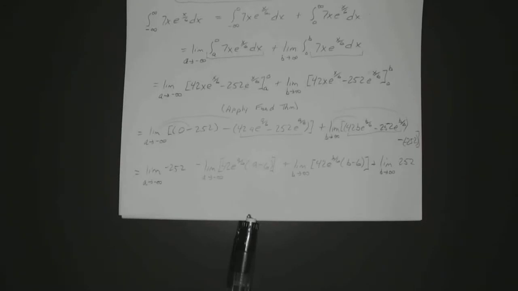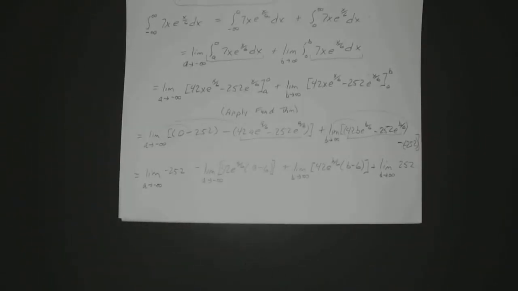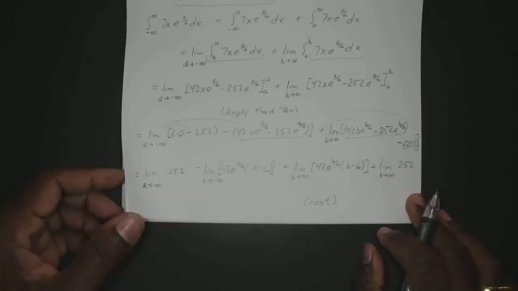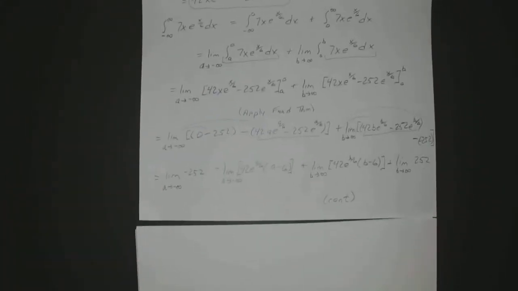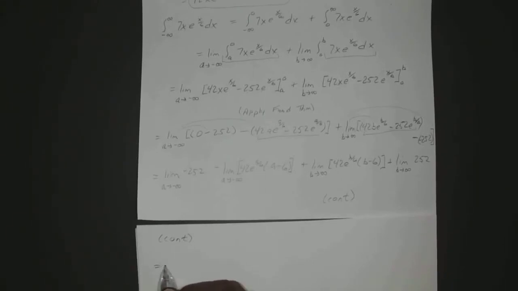Leave that up there for a few seconds. And we're going to continue this on the next page. I'll leave that up and write down where we left off. So limit negative 252 as a approaches negative infinity.